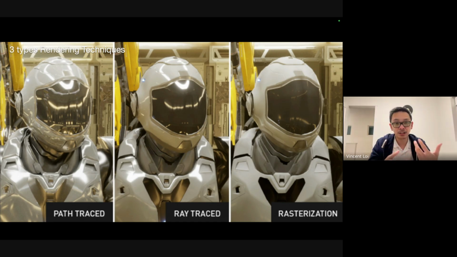So that's actually how rendering works. But ray trace is more like a simplified version. It means they only take a single bounce from the surface to the lights. So it looks much better than rasterization, because rasterization was developed at a time when the hardware was not really powerful.